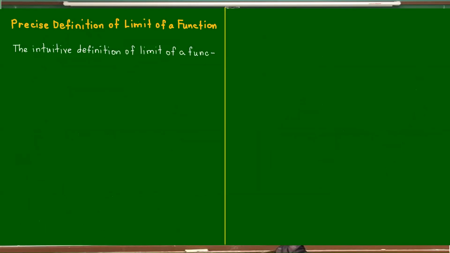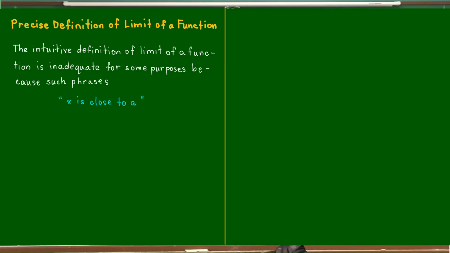Now, for the precise definition of the limit of a function, we are going to consider the definition of limit of a function intuitively. The intuitive definition of limit is inadequate for some purposes because such phrases as x is close to a and f of x gets closer and closer to L are vague or imprecise, no?